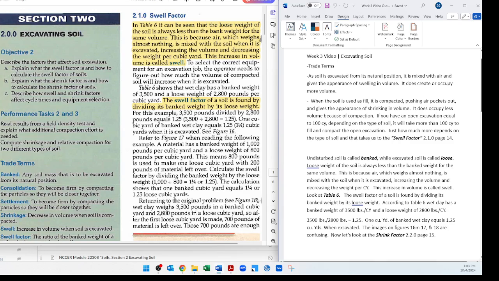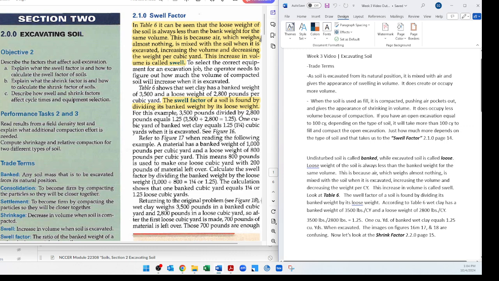As soil is excavated from its natural position, it is mixed with air and gives the appearance of swelling in volume. It does occupy more volume. When the soil is used as fill, it is compacted, pushing air pockets out, and gives the appearance of shrinking in volume. It does occupy less volume because of compaction.